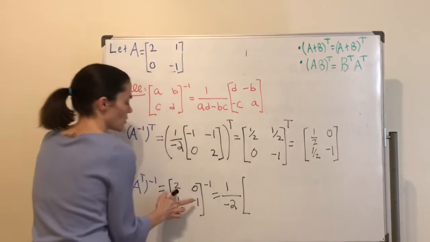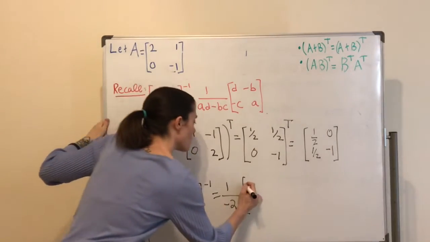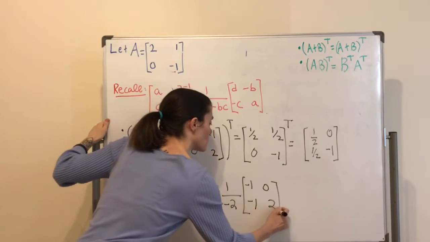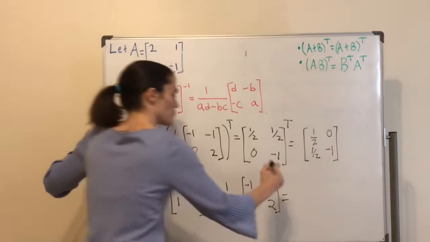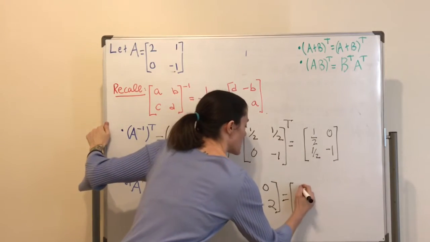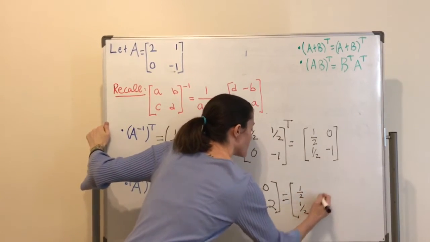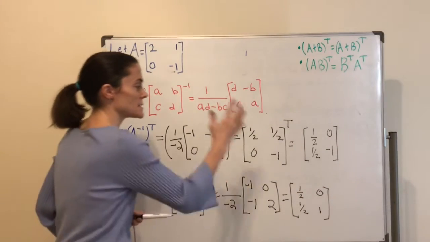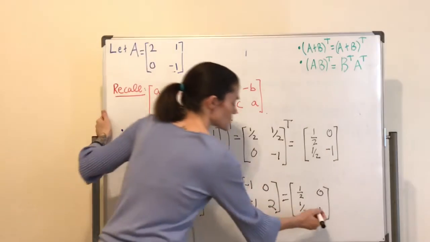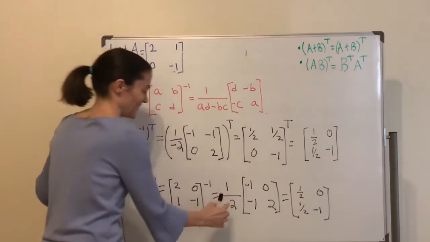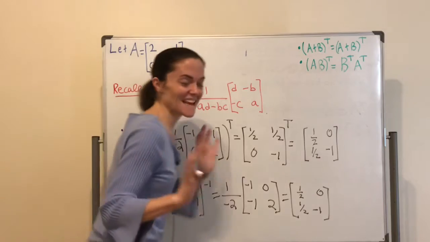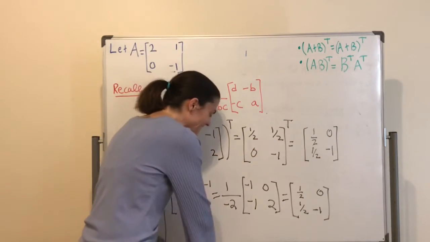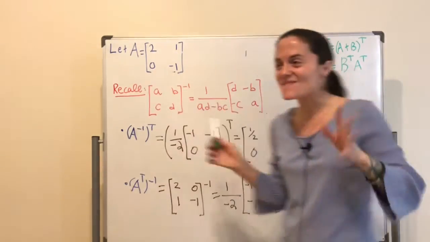And then you flip what's on the diagonal, take negatives of what's on the off diagonal, and then again I can bring the -1/2 in. I get 1/2, 1/2, 0, 1. Okay, and you see, -1, okay. 2 times -1/2 is -1. I was like, oh no, it's not working. Okay, now we see the property.